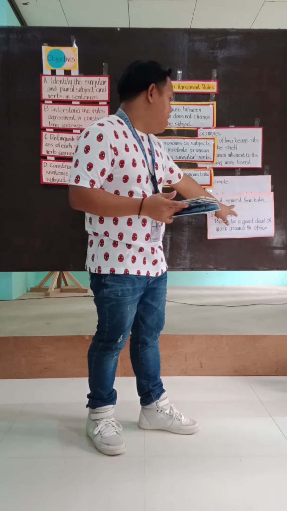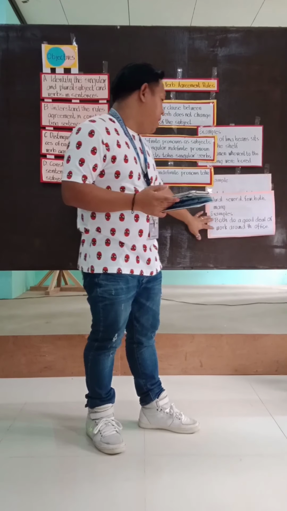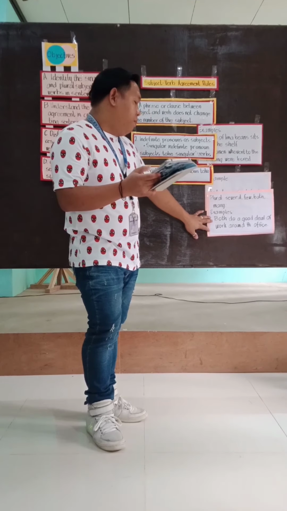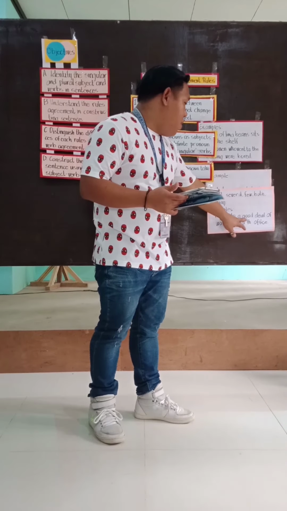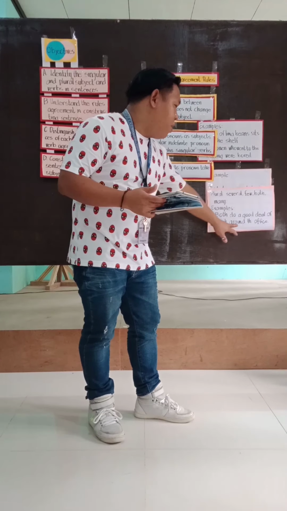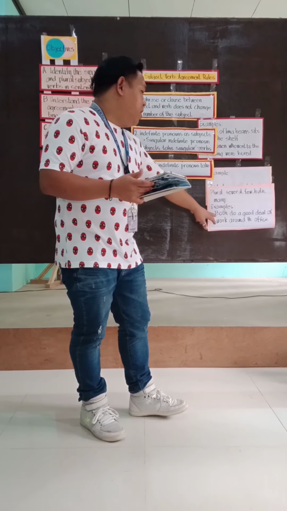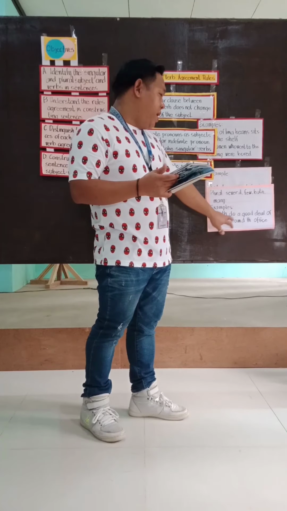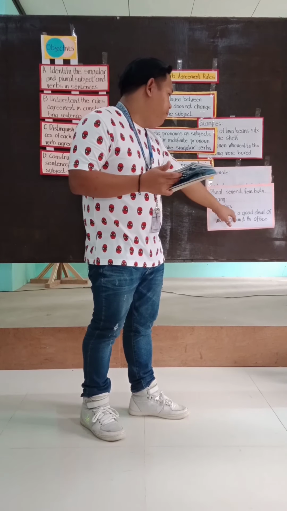The plural ones are several, few, both, and many. Example: both do a good deal of work around the office. The both is plural, and it is followed also by the plural word do.